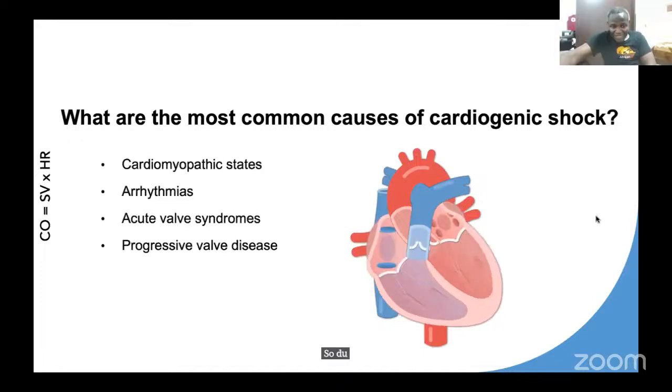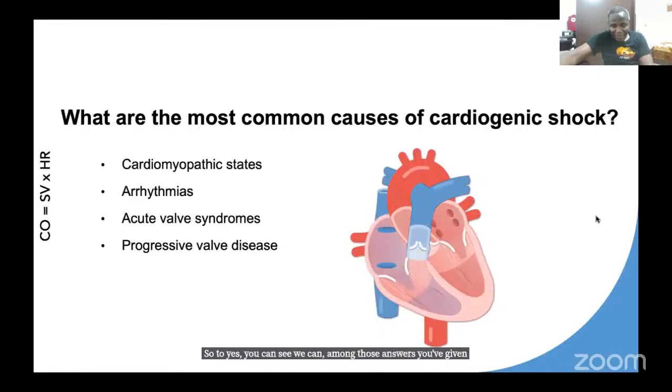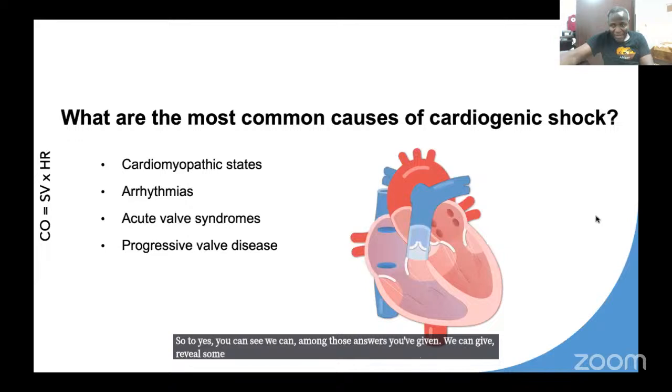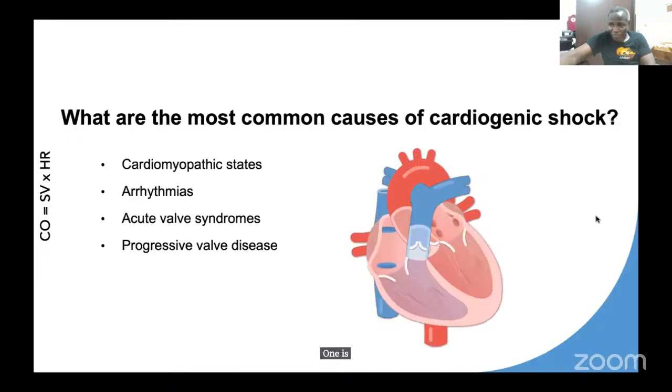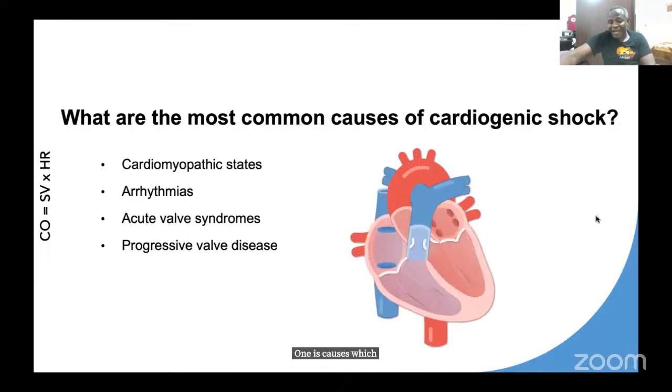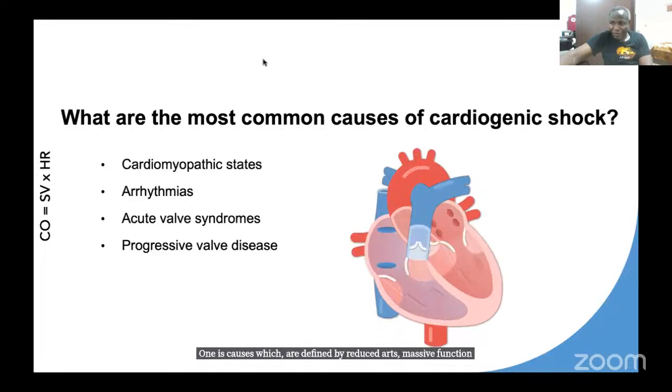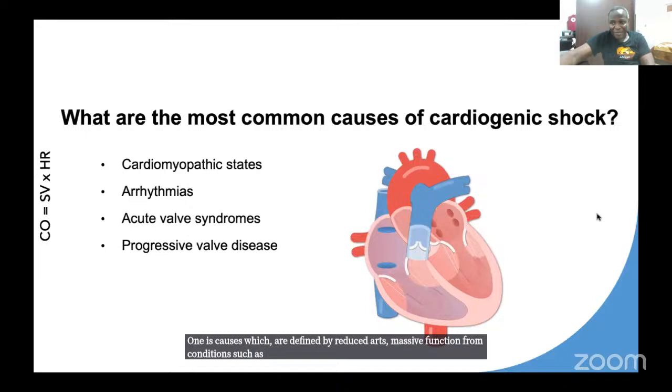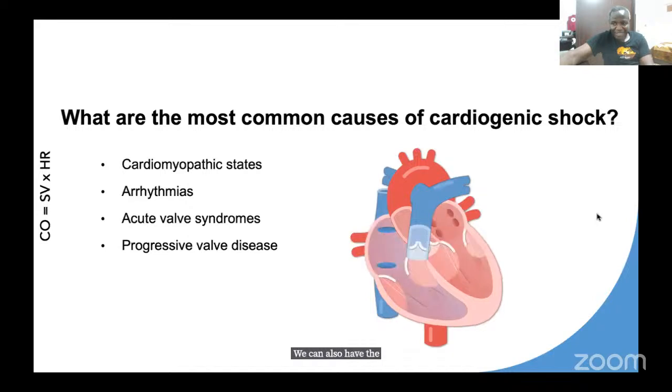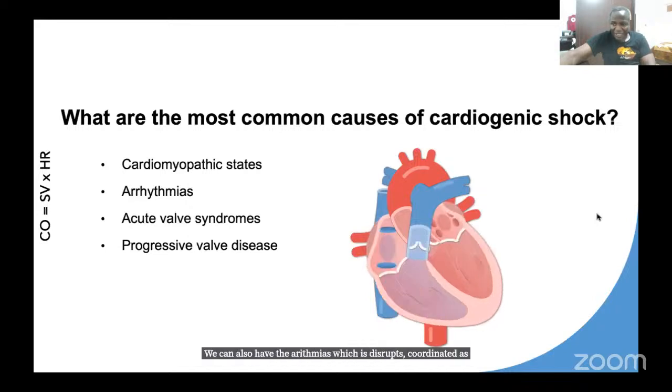So as you can see, among those answers you've given, we can reveal some. One is cardiomyopathic causes, which are defined by reduced heart muscle function from conditions such as ischemia, cardiomyopathy, viral, and hypertrophic. We can also have the arrhythmias, which disrupt the coordinated heartbeats.